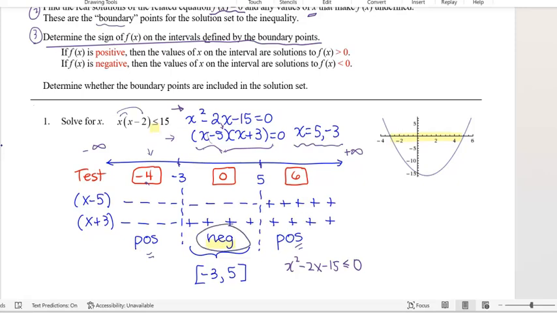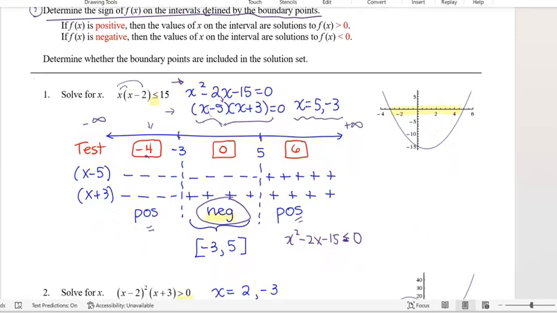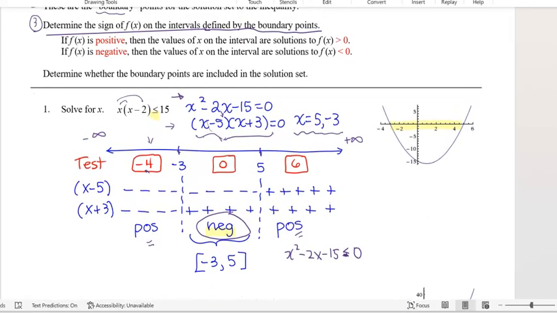Because it's less or equal, it includes these boundary points. So my answer will be -3 to 5, closed interval. If you graph it, it gives you an even better idea.